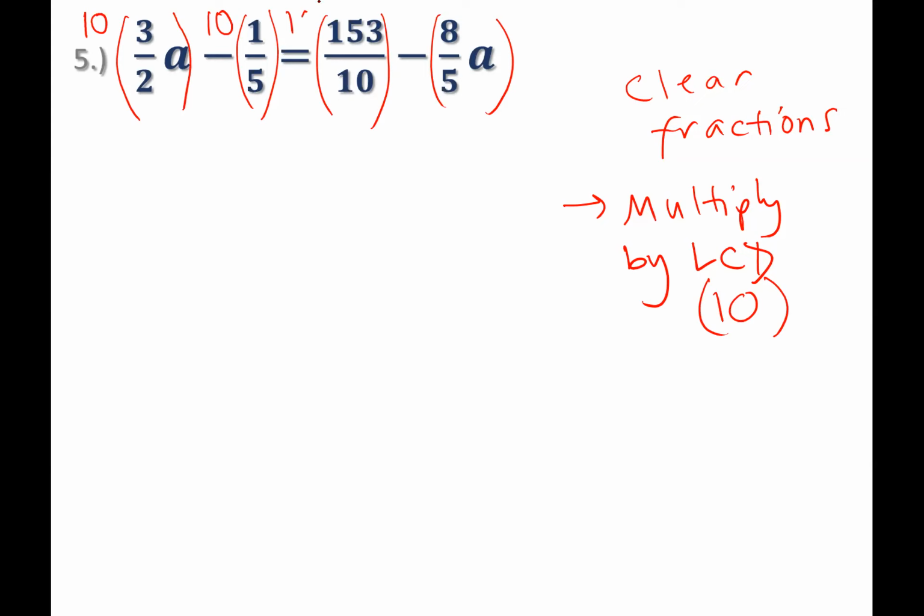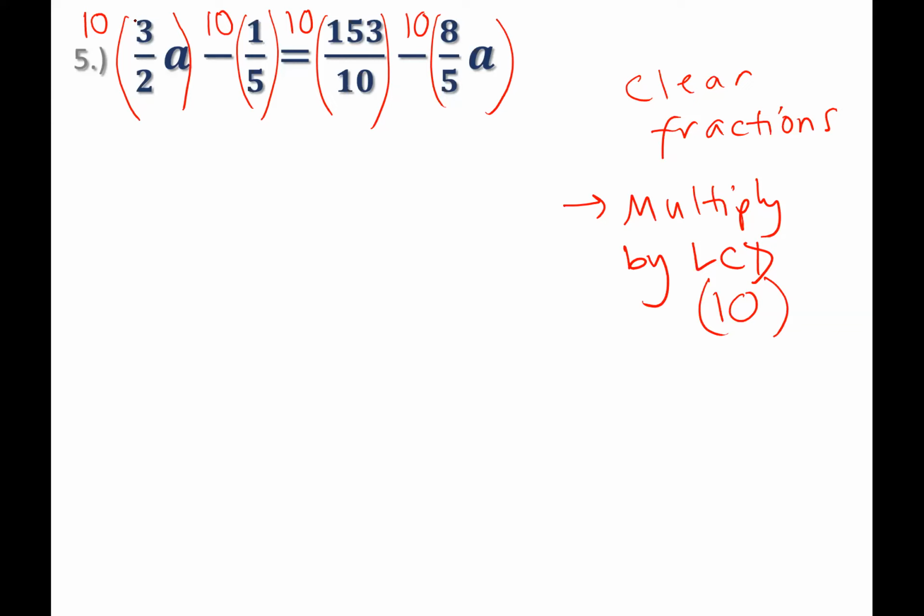Again, it's like I'm distributing the 10 throughout the whole problem. The purpose of doing this is to cancel out the denominator for every single fraction. So it's about to get a little messy with things canceling, but the end result will be that there will be no more fractions. So let's take a look from left to right.